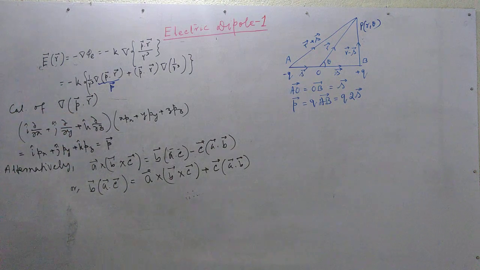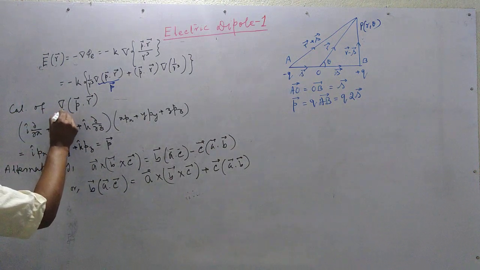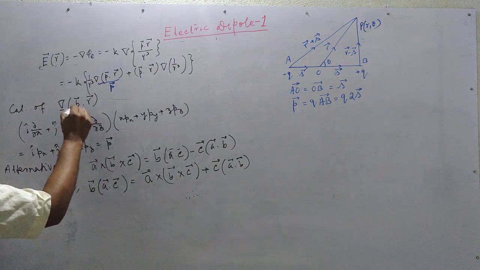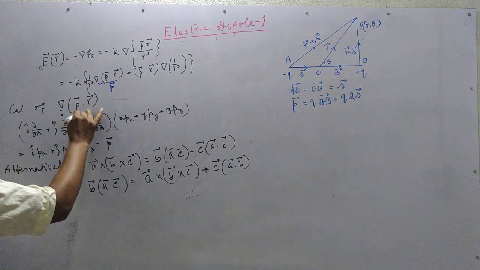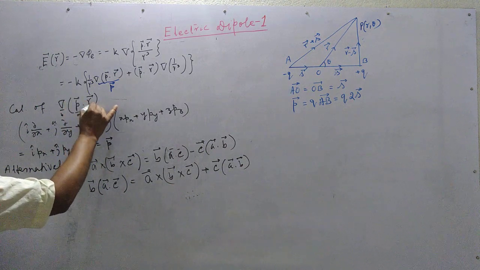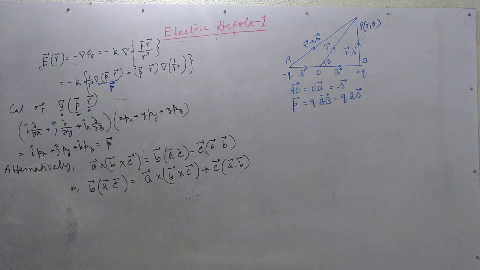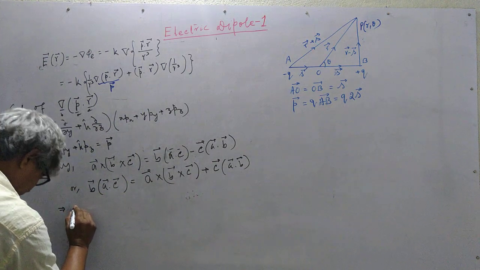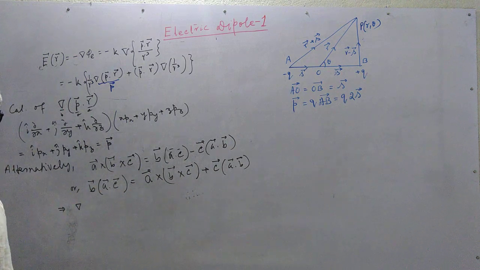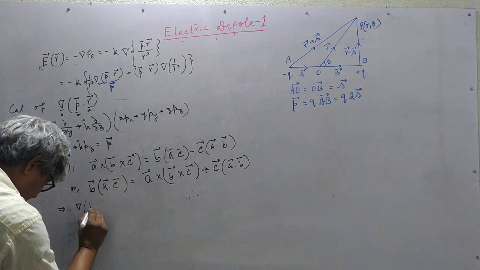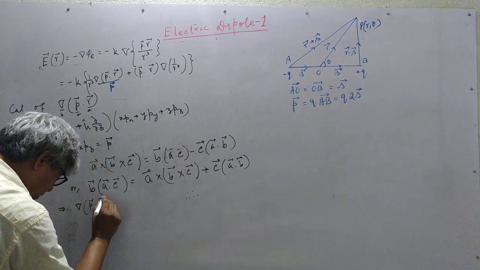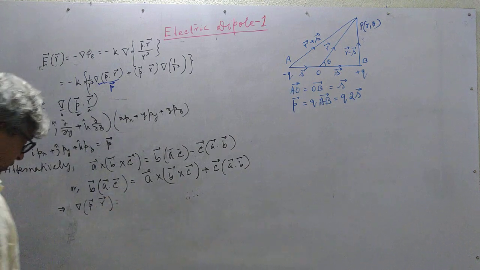We recognize this with B, this term with B, with A, and this with C. We identify them. So the left hand side is, for B we write nabla, and for A we write P, and for C we write R. So on the right hand side, what we will get?